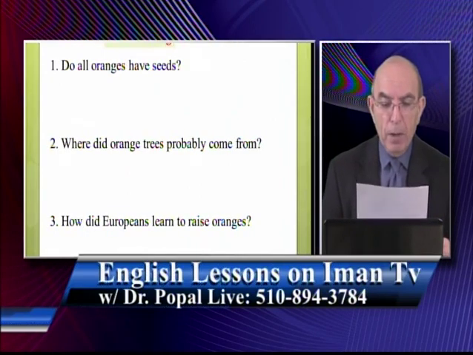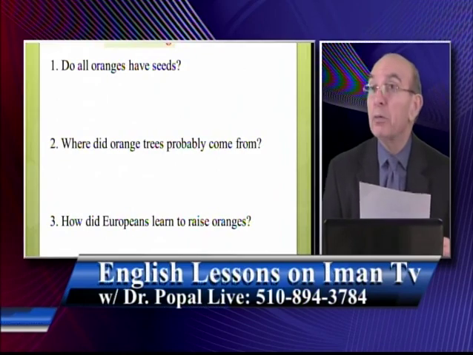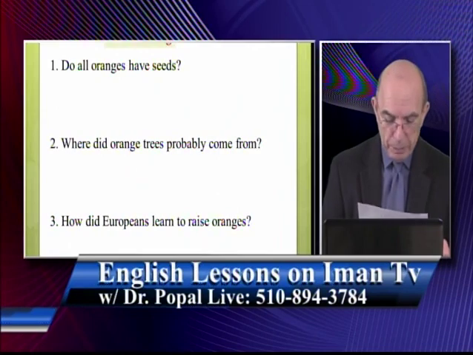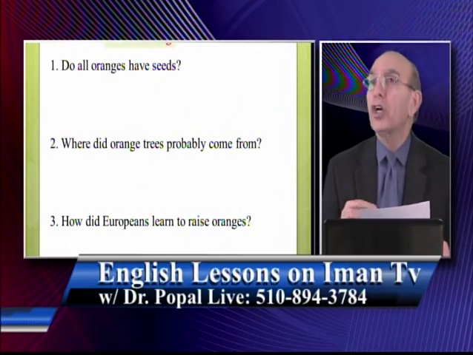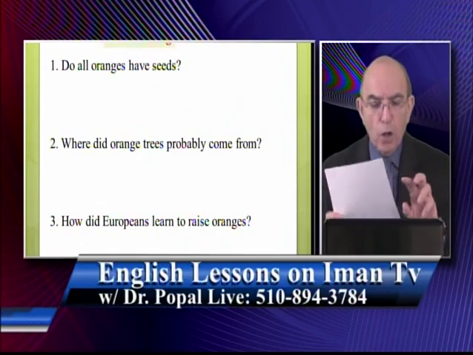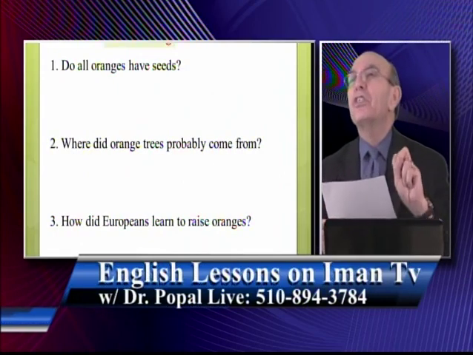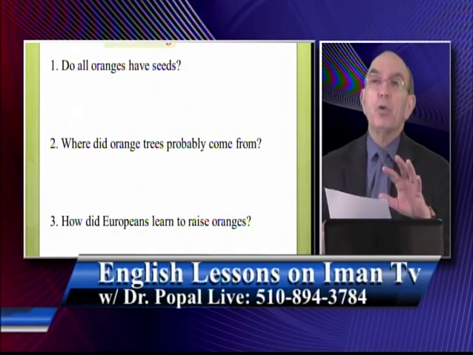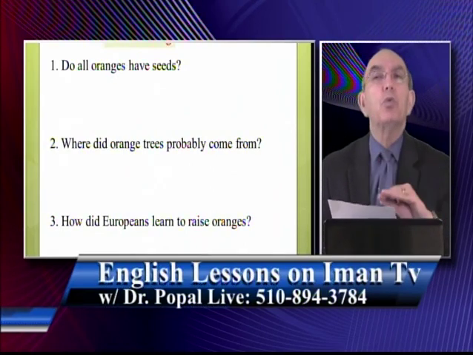The first time I will read it a little bit slowly, and the second time I will read it at a normal speed. It's a rather longer story. I want you to just listen and only find the answer for these 3 questions. If you don't know other words in the story, if you don't understand other parts of it, don't worry.